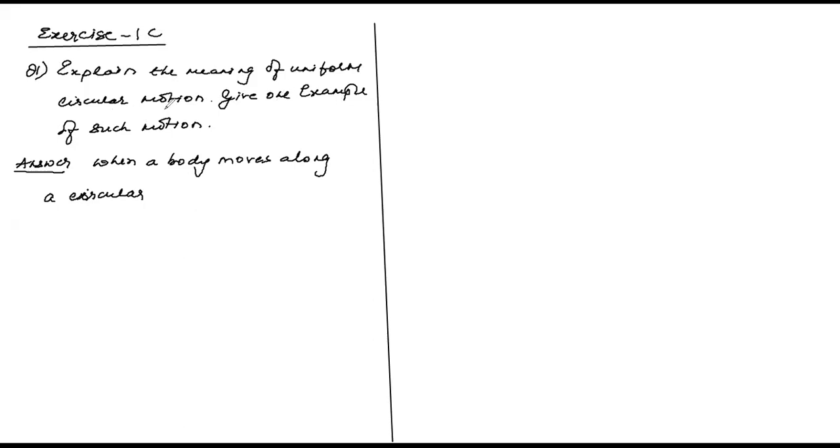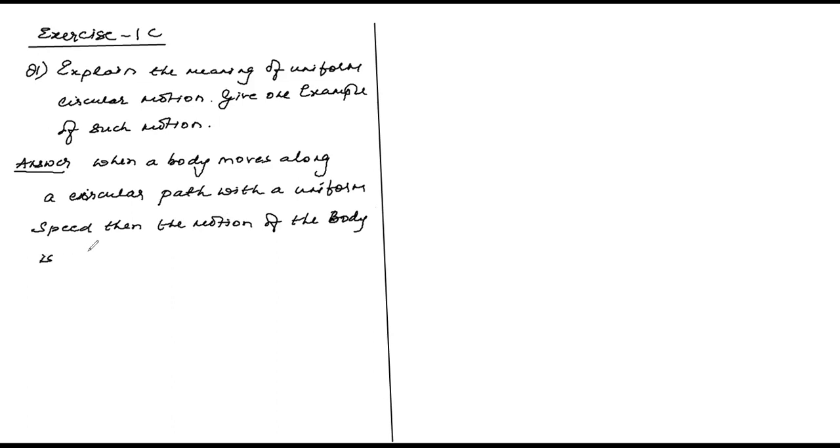Answer: when a body moves along a circular path with a uniform speed, then the motion of the body is said to be uniform circular motion.